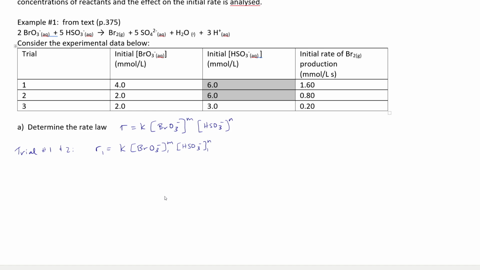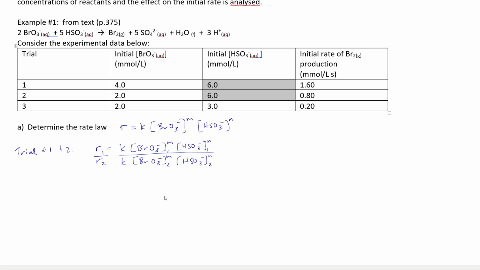Then I'm going to divide that by the rate law from trial 2, so I divide both sides by the rate law from trial 2. The rate law from trial 2 has the same constant of proportionality, the concentration of bromate raised to the exact same exponent but from trial 2, and then bisulfite raised to the exponent n from trial 2.